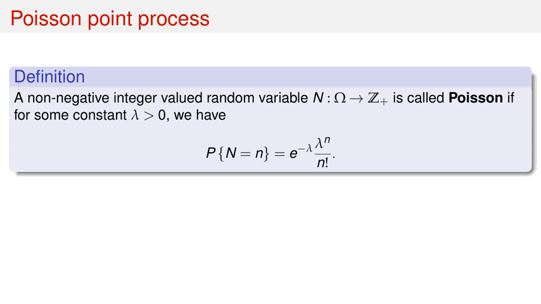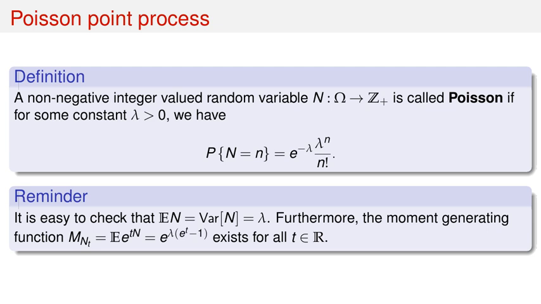Now we are ready to discuss the Poisson point process. First, a definition of a Poisson random variable. A non-negative integer valued random variable n, mapping from omega to Z plus, is called Poisson if for some positive constant lambda, the probability that n equals n is given by e to the power minus lambda times lambda to the power n divided by n factorial.